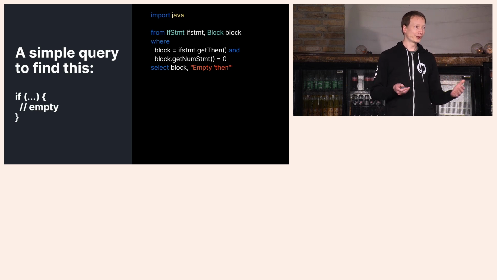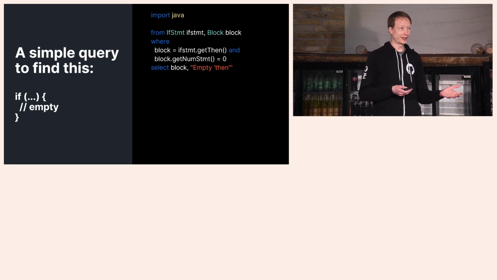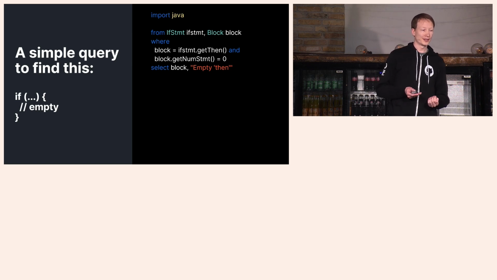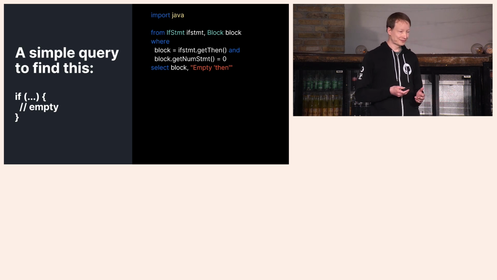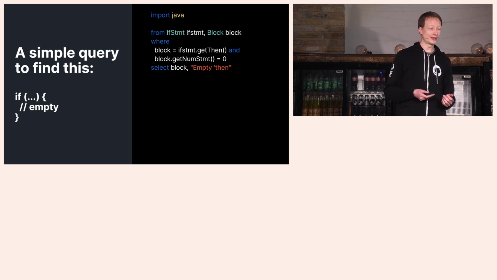And a QL query is a declarative thing. Sometimes it looks like an SQL query, like in this case, or a LINQ query, if you like. So when we import the Java library, then we get classes like if statement and block, and then we can declaratively specify what it is we're looking for in the database.